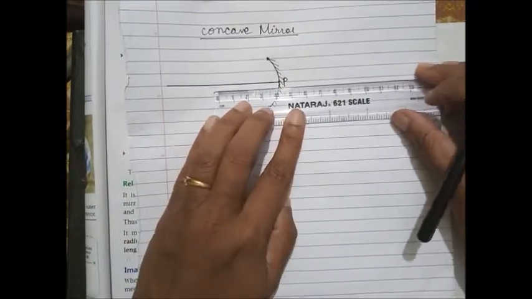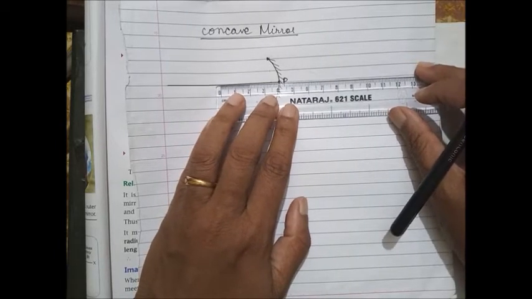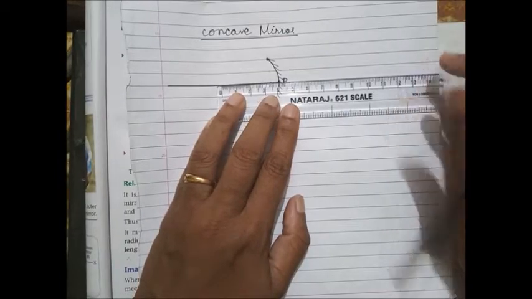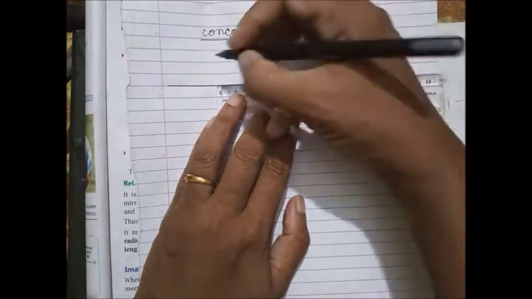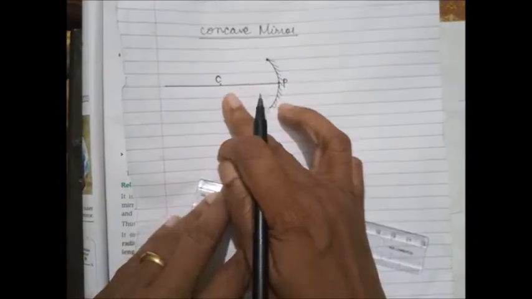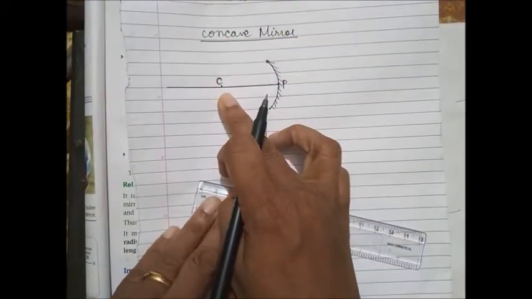Now, on the principal axis, you're going to mark C. Take 4 centimeter from P and mark C. What is C? Center of curvature. If I finish this sphere, the center of that is called the center of curvature.